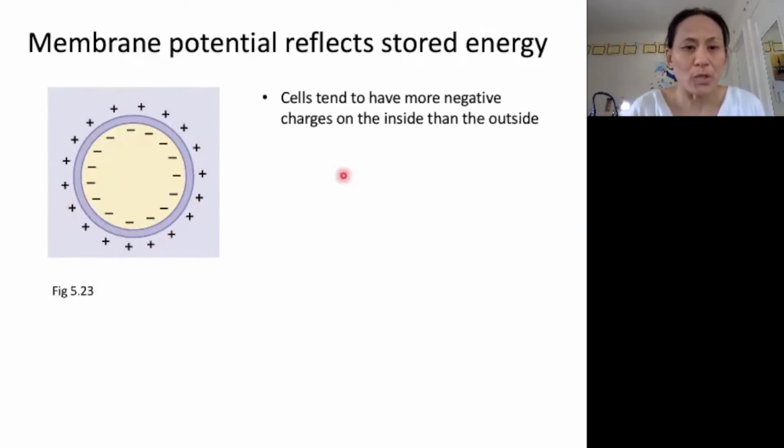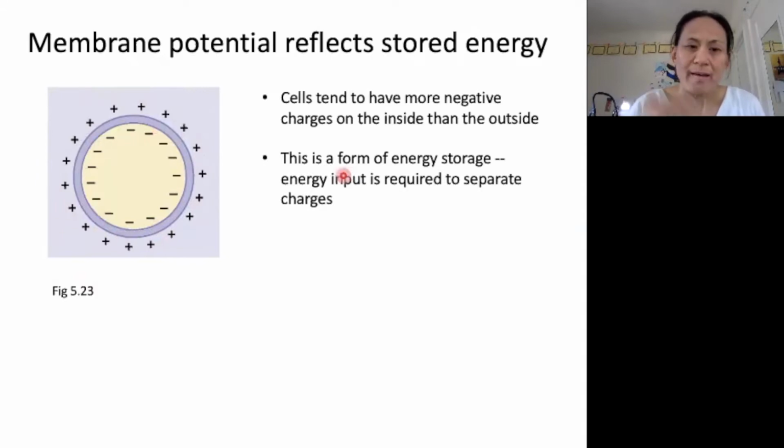If we look at that charge separation, we can think of that as a form of energy storage. If you remember your electrical concepts from previous classes like chemistry, hopefully you know that opposite charges like to attract.